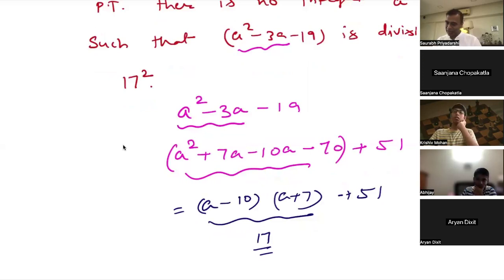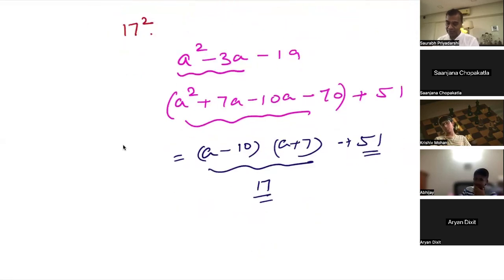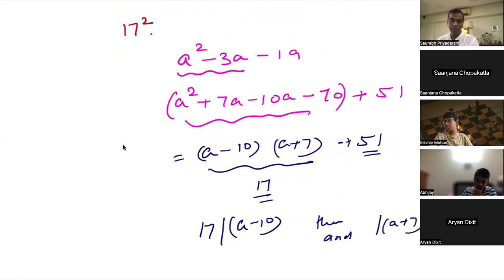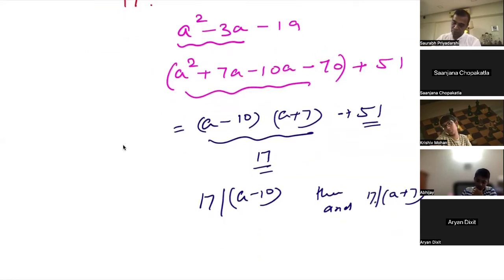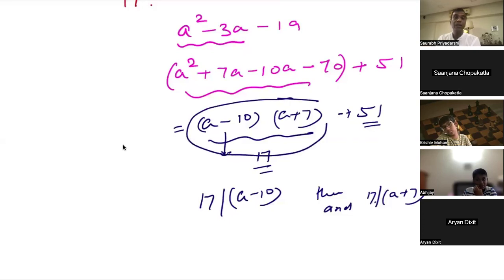So if this is divisible by 17, then 100% this must be divisible by 17 and 17. So if a minus 10 is divisible by 17, then a plus 7 must be divisible by 17. Both are divisible by 17. If both are divisible by 17, this complete number is divisible by 289.